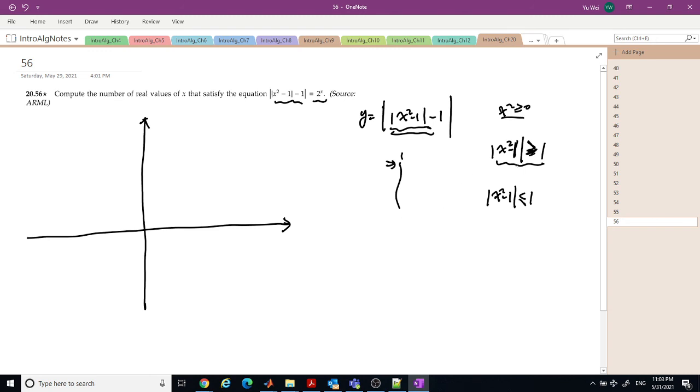If x squared minus 1 needs to be greater than or equal to 1, equivalently x squared needs to be greater than or equal to 2. Here, the other case means x squared is between 0 and 2.